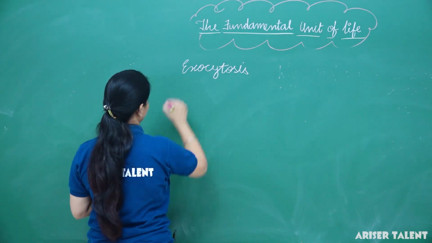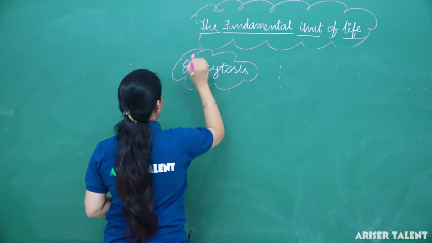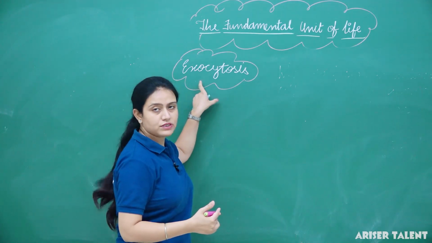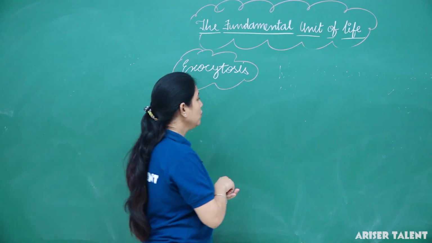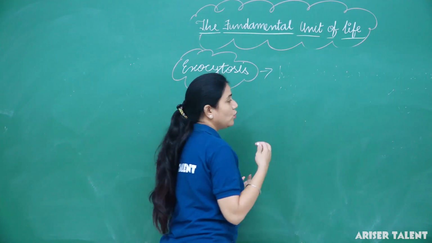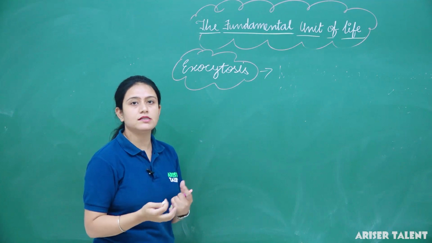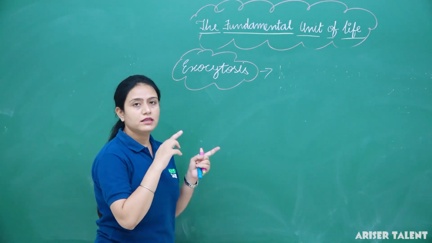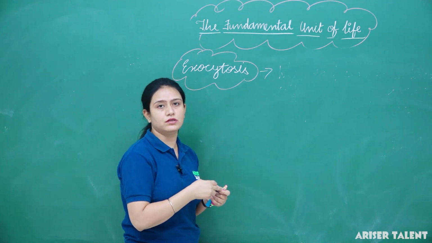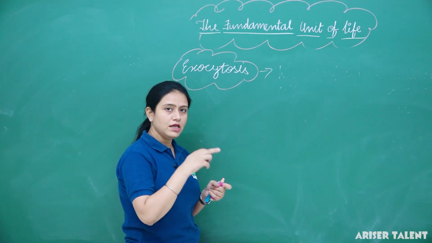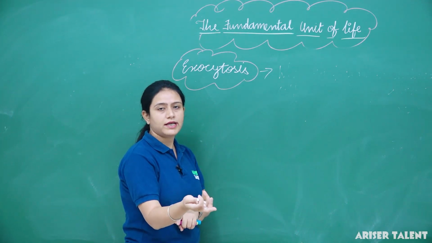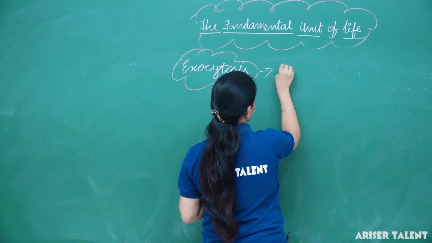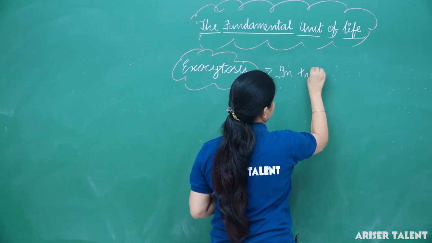As the name itself describes the meaning, when the undigested food material is thrown out of the body or out of the cell, that process is known as exocytosis. How does it take place? When the exocytotic vesicle comes in contact with the plasma membrane and fuses with it, the undigested food material present inside the vesicle is released to the external surrounding medium. Clear?